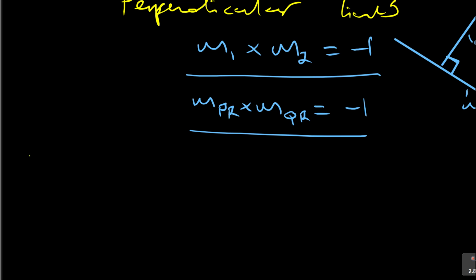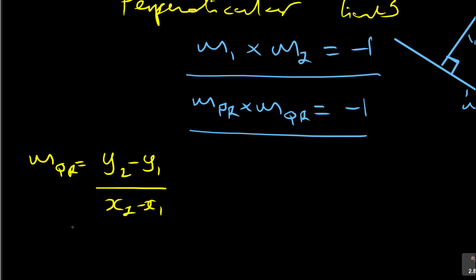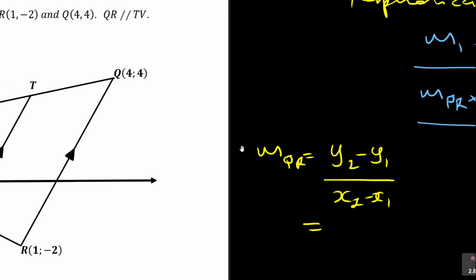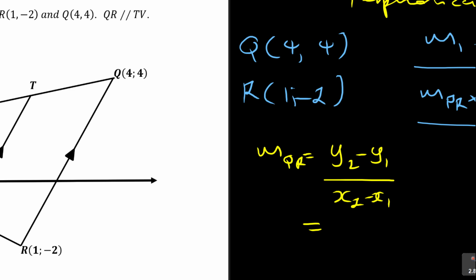So if I say m, which is the gradient of QR, remember the formula: y2 minus y1 over x2 minus x1. Let me write these two points here. It's much easier to say my Q is (4, 4) and my R is (1, -2).